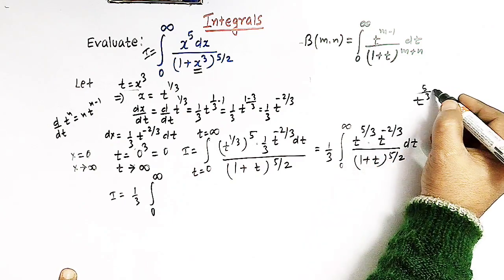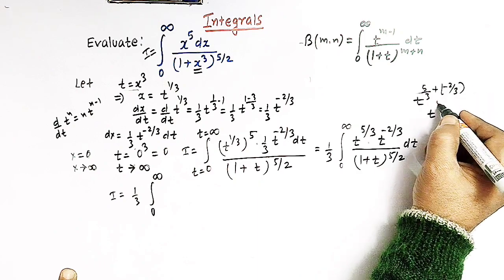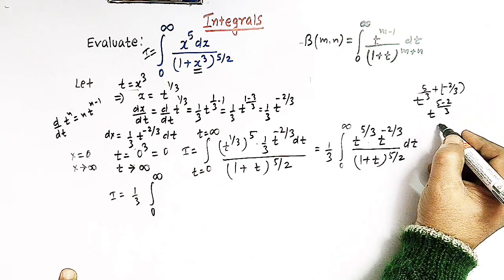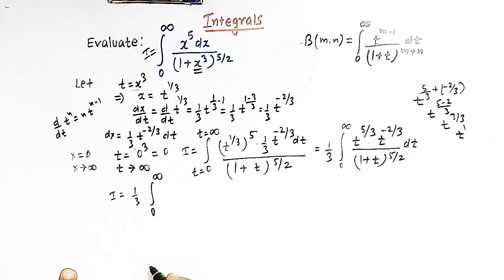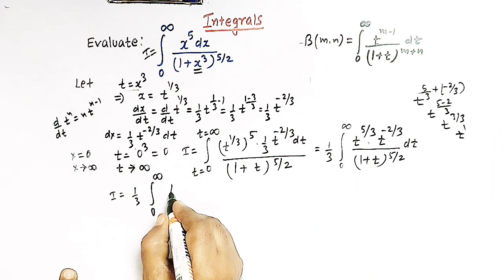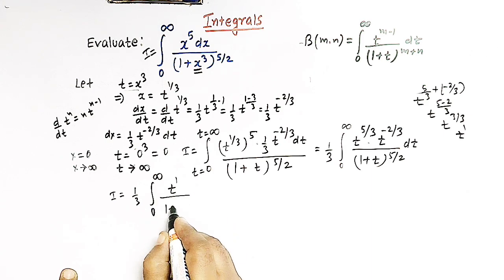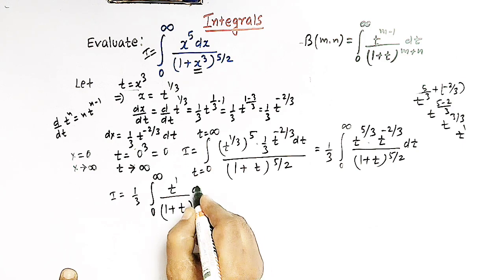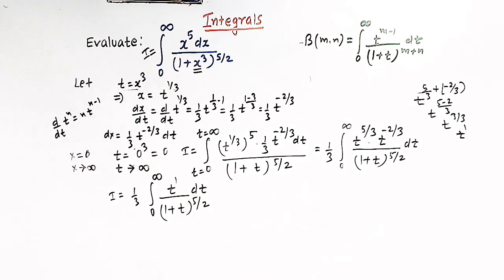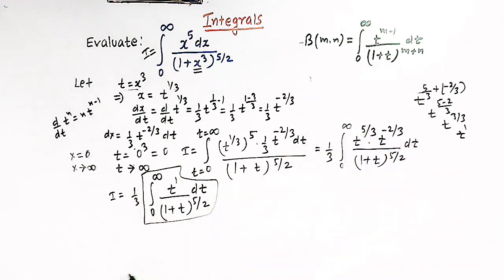So we have 5 over 3 plus minus 2 over 3, that is 5 minus 2 over 3, that is 3 over 3, and that is t raised to 1, right? So in the numerator we have t raised to 1, and here we have 1 plus t raised to 5 over 2 dt.